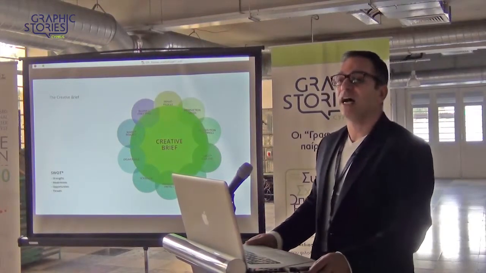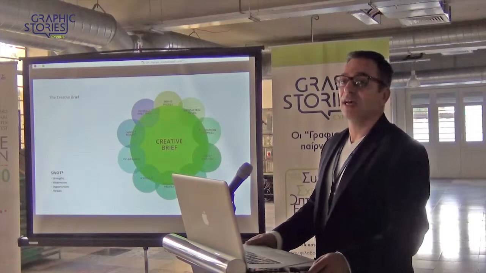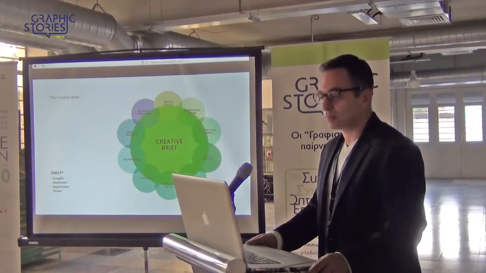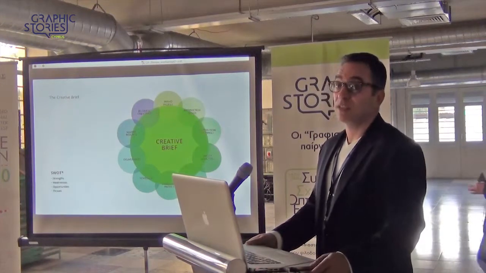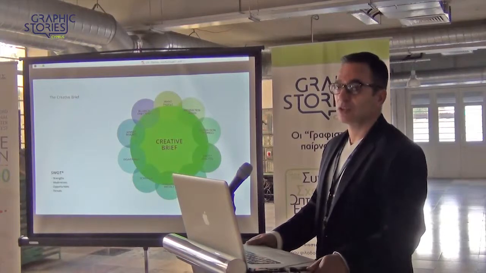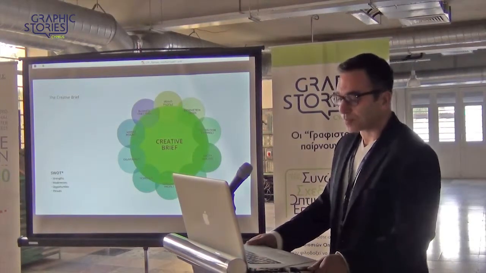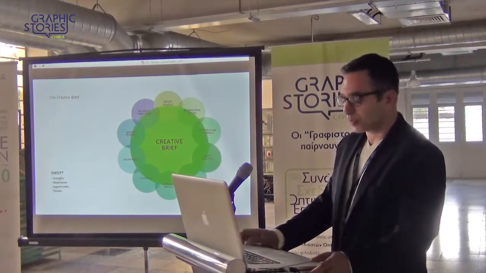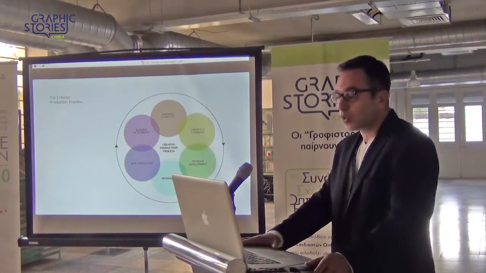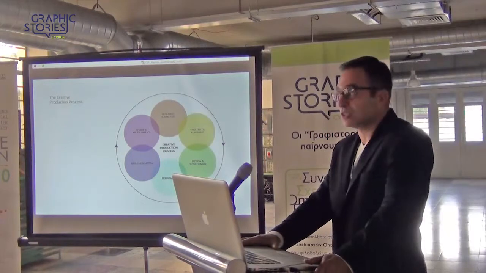The market insights that would analyze and make your communication material successful or not. And then the business objectives that you are aiming for. And the circle goes on and on. The circle never stops. The process is in continuous rotation. And so is the creative production process.